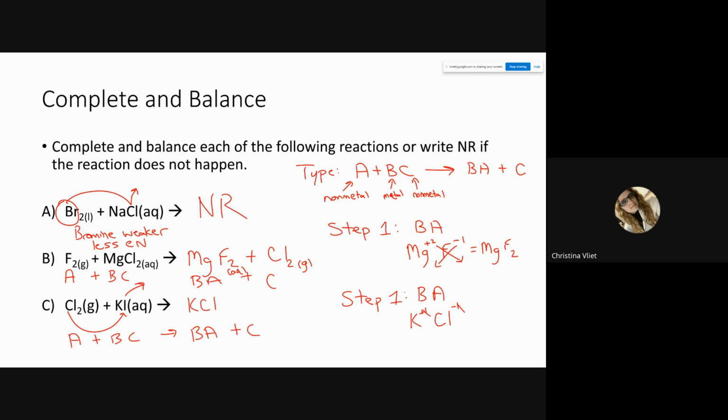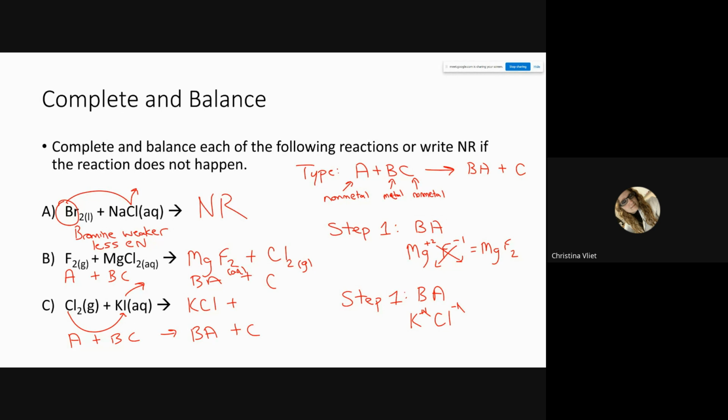So if you were just to write KCl2, would you be totally wrong? Yes. You would be totally wrong. You broke the law again. Octet rule law broken. All right. Next one. C. What is C here? So we got KCl for BA, but what's C?